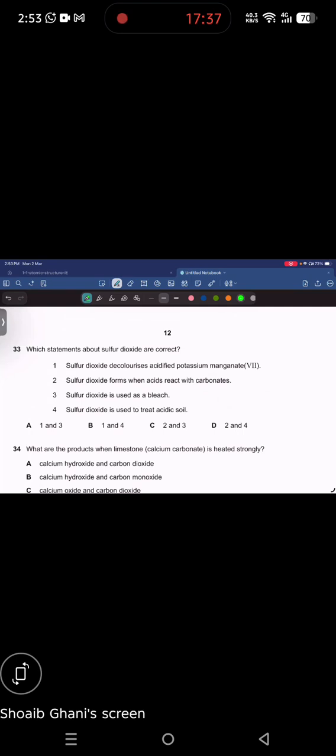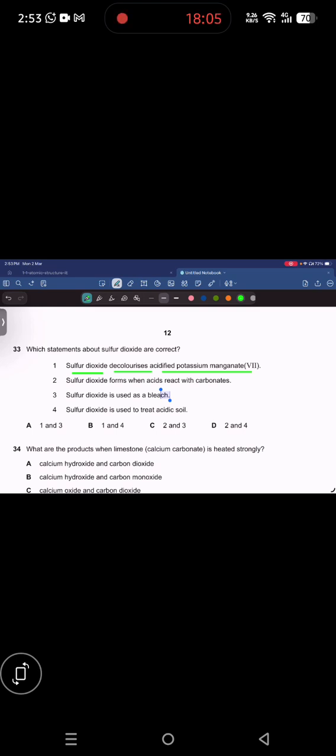Question number 33. Which statements about sulfur dioxide are correct? Sulfur dioxide decolorizes acidified potassium manganate. Okay.